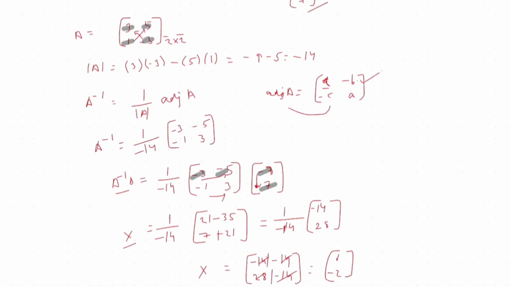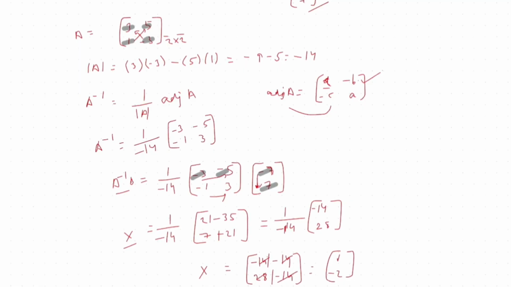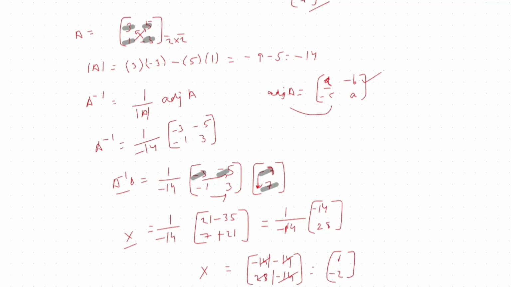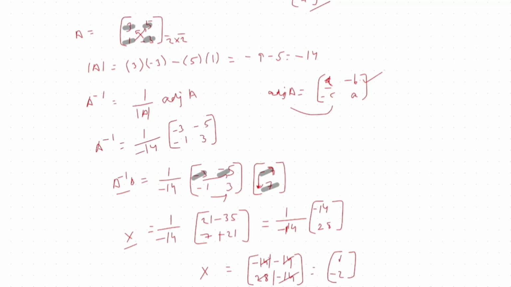But this is the basic formula that you can use to solve easily in your exams, or you can directly cram the formula for fast calculation as well. Then after finding A inverse, you just need to multiply it with B. And after solving A inverse B, you can find the values of the variables.